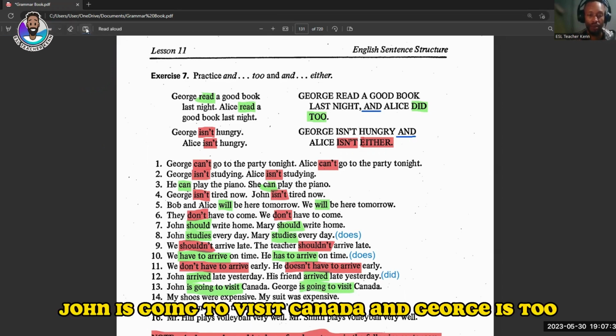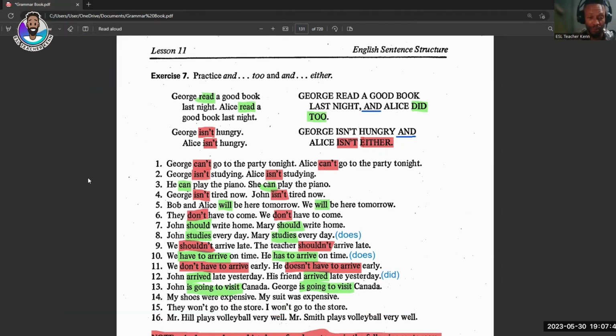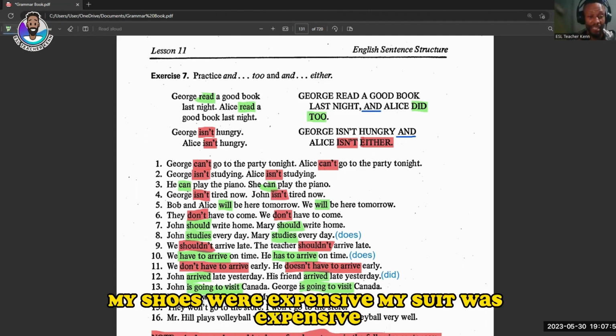John is going to visit Canada, and George is too. My shoes were expensive. My suit was expensive.